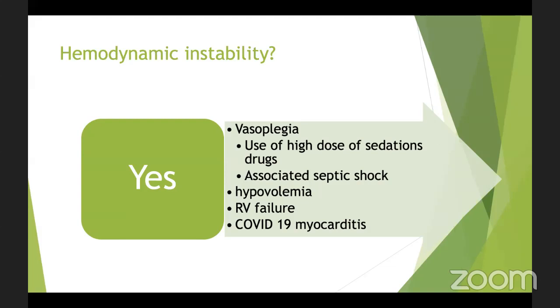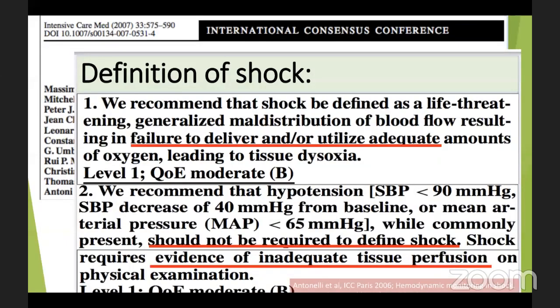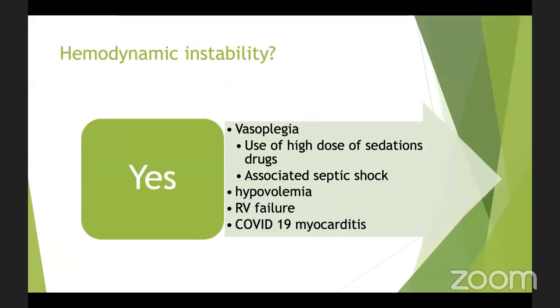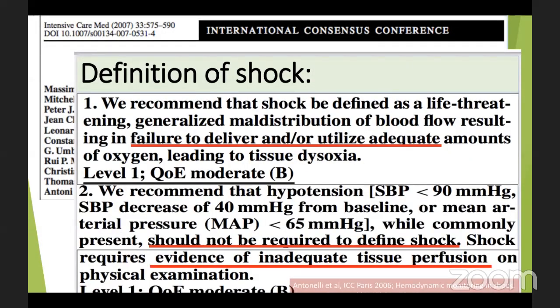Some COVID patients have ARDS and develop RV failure. COVID-19 myocarditis is a cause. So keep in mind: myocarditis, RV failure, hypovolemia, septic shock, or over-sedation. This is very important to know as the differential in COVID-19.